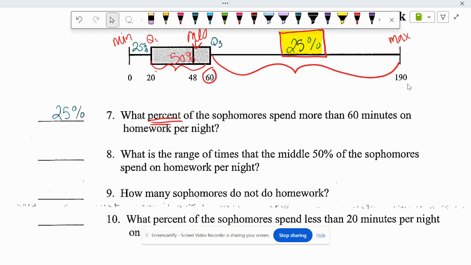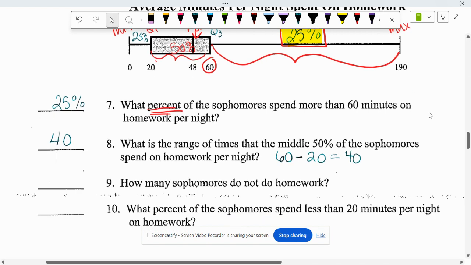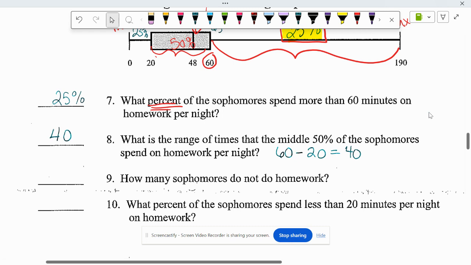I want the largest minus the smallest. Good job. 60 minus 20 is 40. So the range is 40. We're talking about time, so that's 40 minutes.